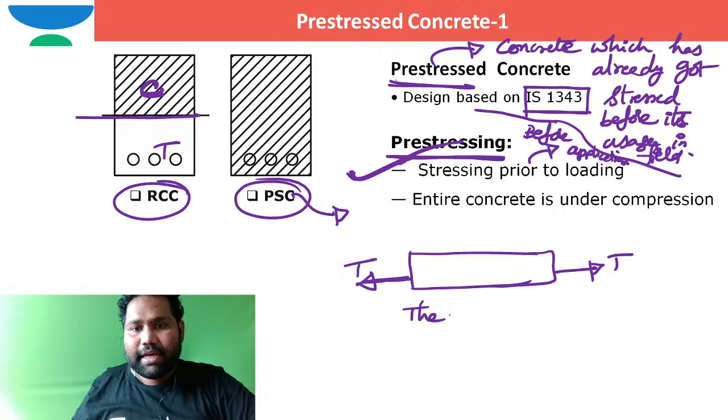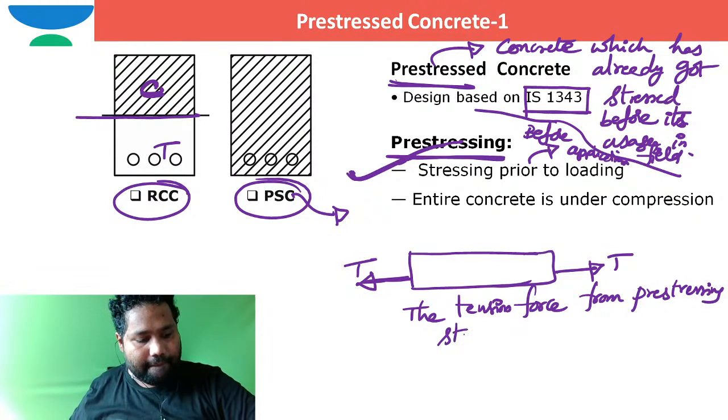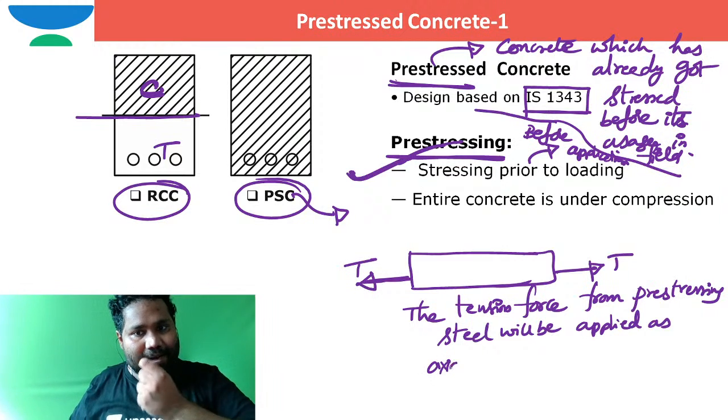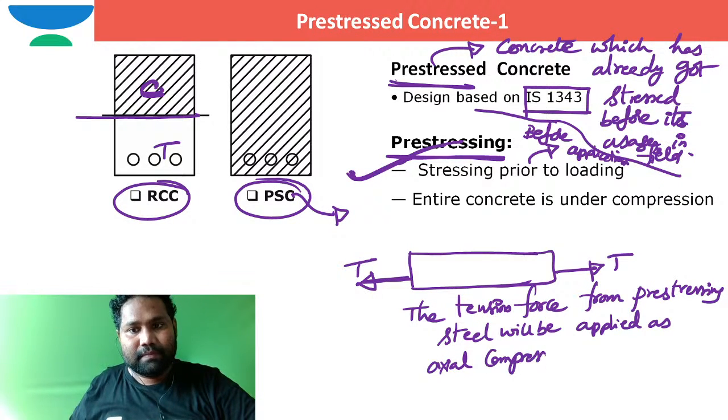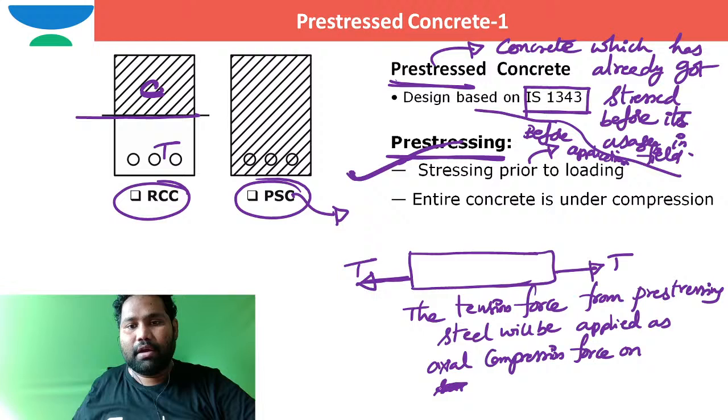So the tension force from pre-stressing steel will be applied as axial compression force on the surrounding, on the entire cross sectional area of pre-stressed concrete.